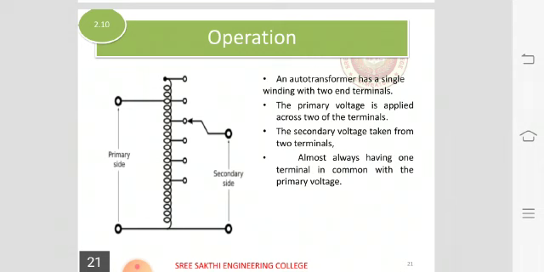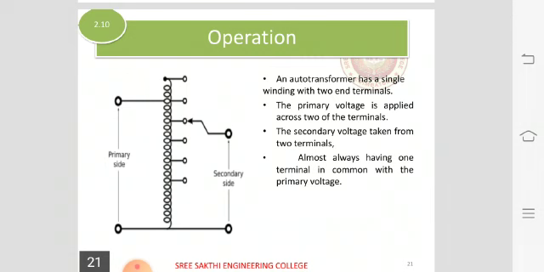An auto transformer has a single winding with two end terminals. The primary voltage is applied across two of the terminals. The secondary voltage is taken from two terminals. So primary is applied on the front side and secondary on the back side. Both are applied on the same winding, almost always having one terminal in common with the primary voltages.